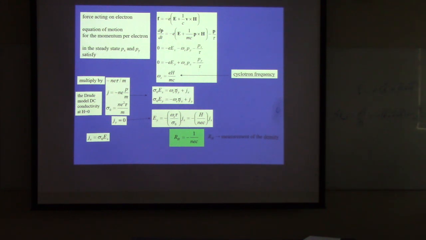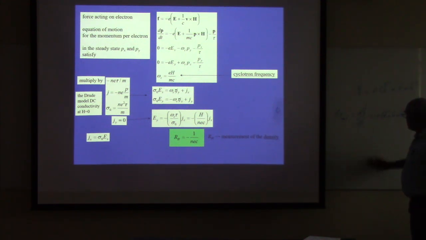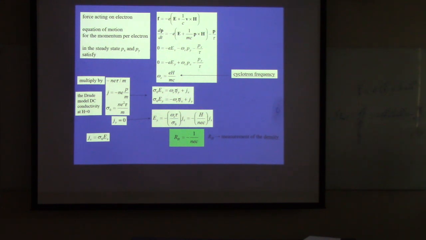That's the total equation, right? Under equilibrium, this whole thing becomes 0. Is it clear?